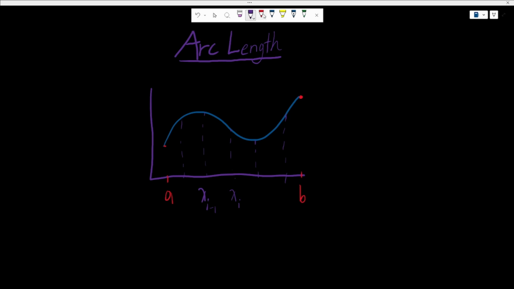So that would make these 2 points up here p sub i minus 1 and this point right here p sub i. And what our arc length formula does, it takes this approximation of this line right here, this line to here, and so forth. And we take these approximations as this interval decreases, it goes to 0.